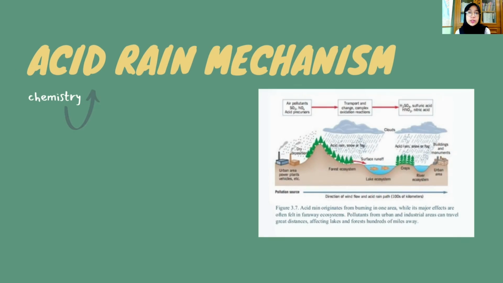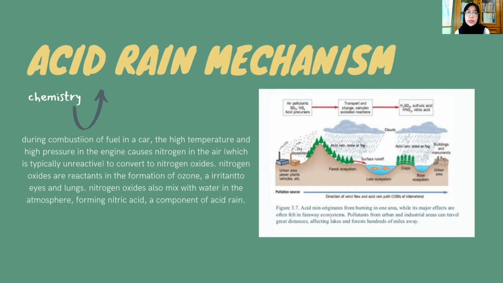During combustion of fuel in a car, the high temperature and high pressure in the engine cause nitrogen in the air, which is typically unreactive, to convert to nitrogen oxides. Nitrogen oxides are reactants in the formation of ozone, an irritant to eyes and lungs. Nitrogen oxides also mix with water in the atmosphere, forming nitric acid, a component of acid rain.